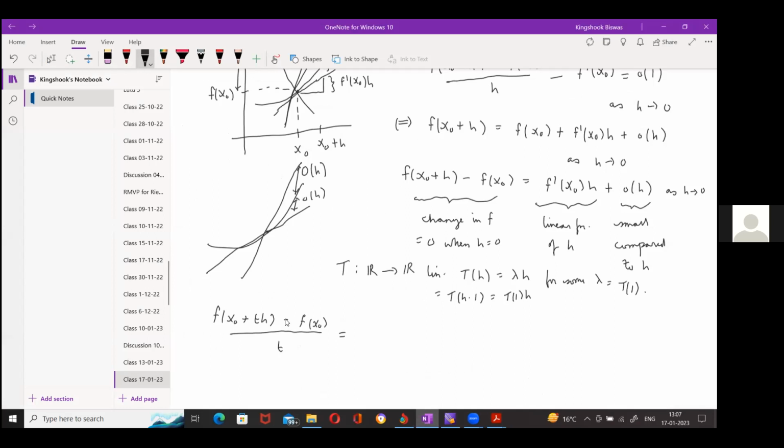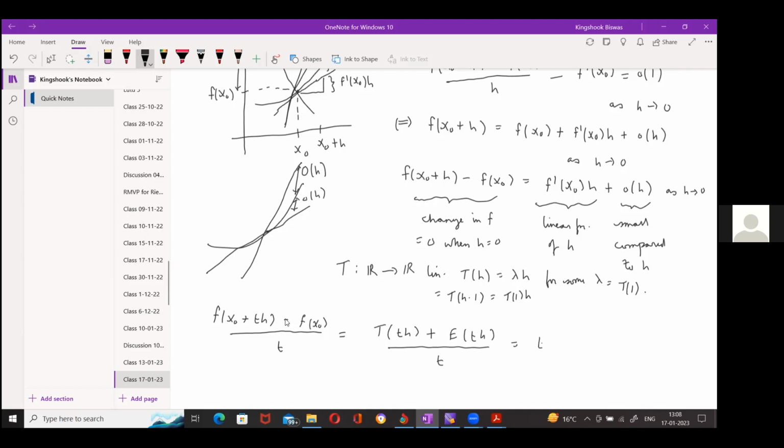By the definition of derivative, what will this be? This is going to be the linear map T applied to th plus the error term of th, all divided by t.